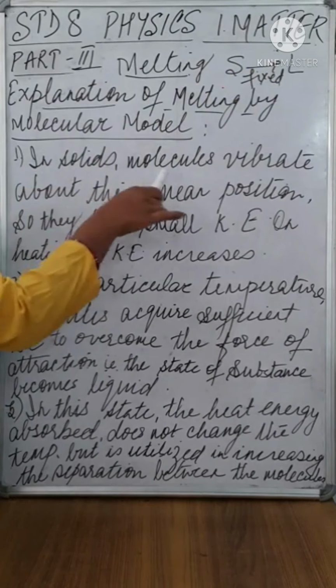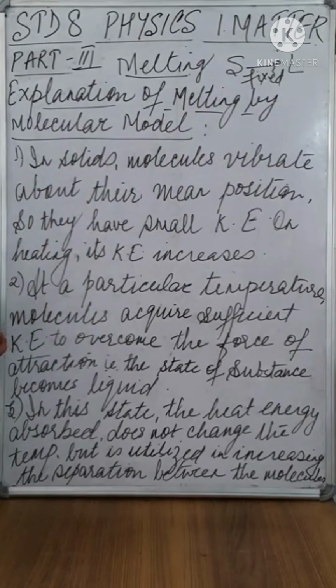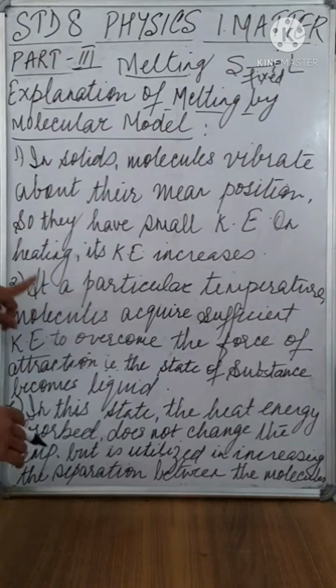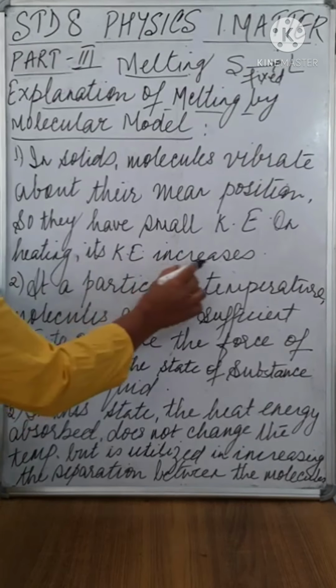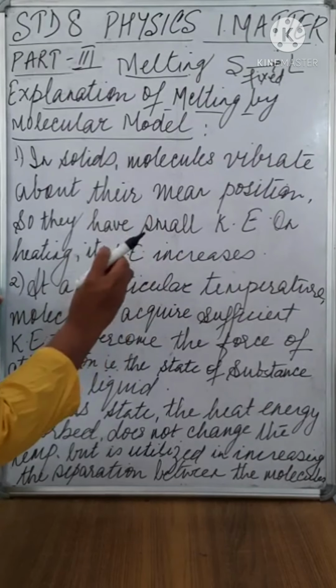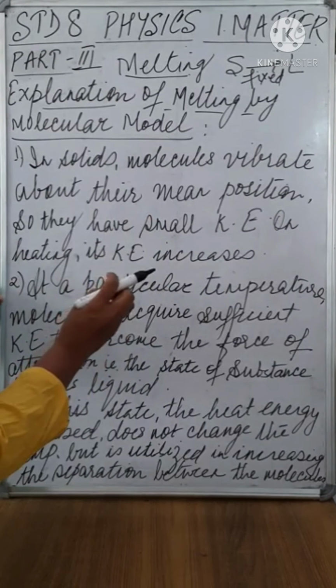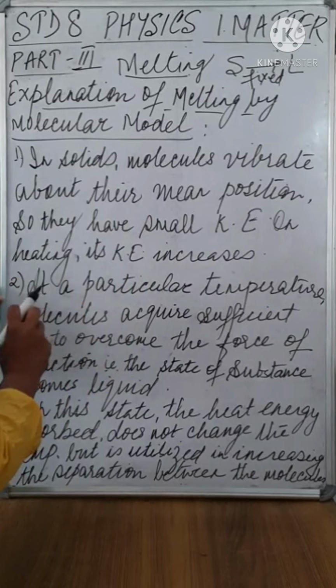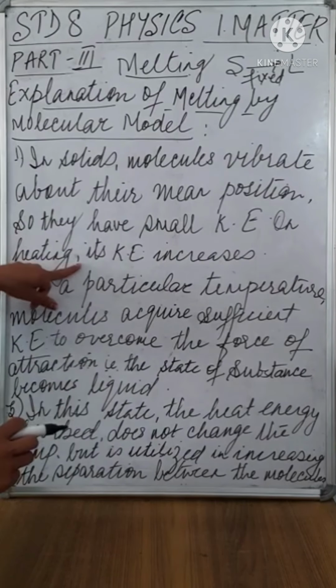In solids, molecules vibrate about their main position, so they have a small kinetic energy. On heating, the kinetic energy of these molecules increases and they begin to vibrate faster in their positions.